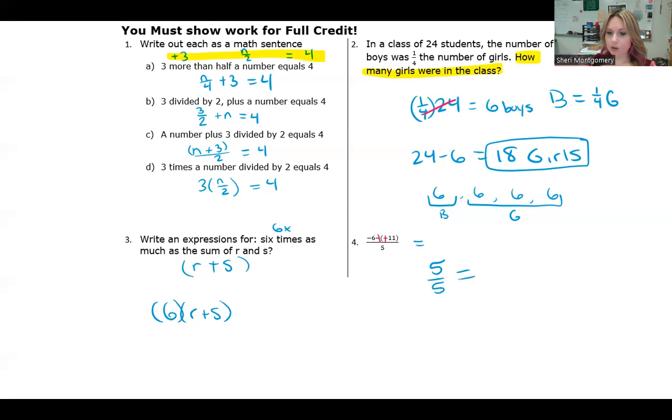Yep. So we get 5 over 5. What's that? 1. It is 1. 1. I knew. I just wasn't sure. That's it. Yeah. I knew for sure.